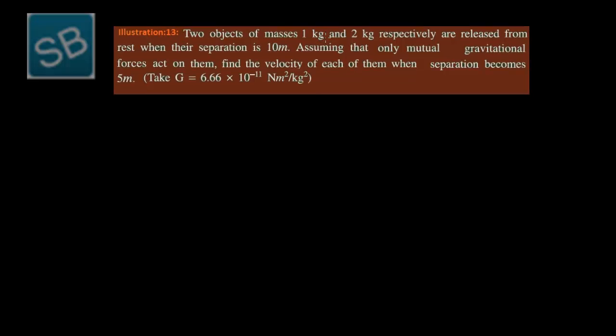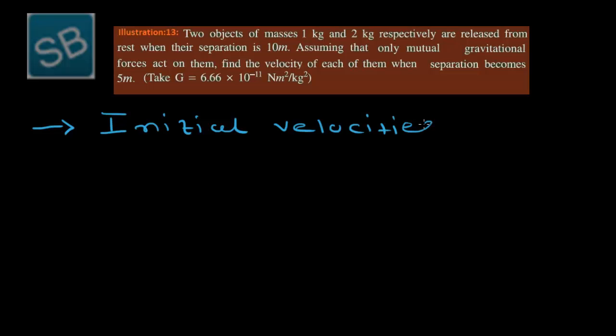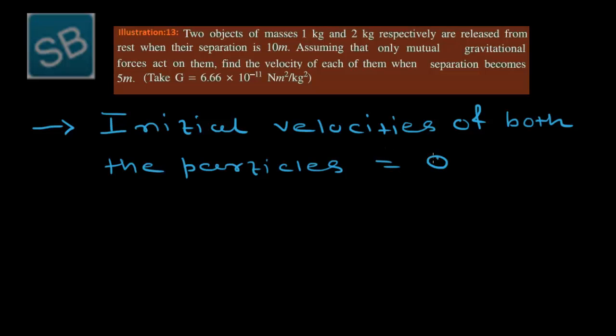Two objects of masses 1 kg and 2 kg respectively are released from rest when their separation is 10 meters. Assuming that only mutual gravitational force acts on them, we have to find the velocity of each of them when the separation becomes 5 meters. First of all, the initial velocities of both particles are 0, and hence their kinetic energies are also 0.